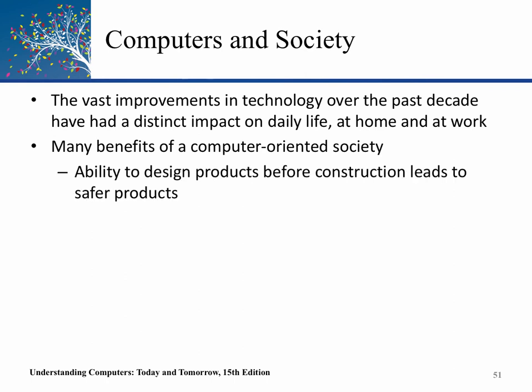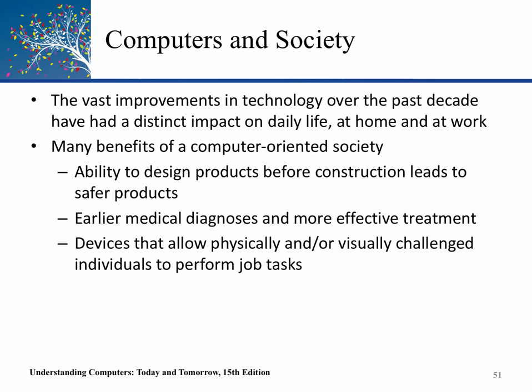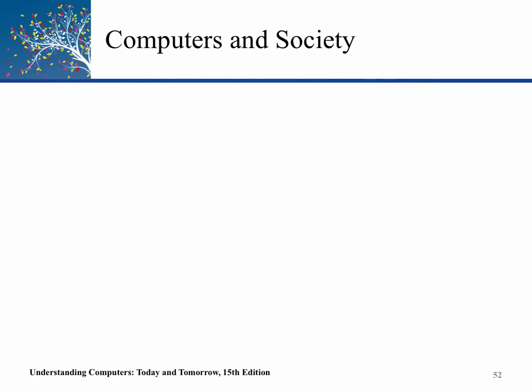Some of the benefits of a computer-oriented society include the ability to design products before construction, leading to safer products, earlier medical diagnosis and more effective treatment, devices that allow physically or visually challenged individuals to perform job tasks, documents that can be emailed or faxed in moments, and finally, downloaded information. This includes movies, music, programs, and more on demand at the touch of a button.